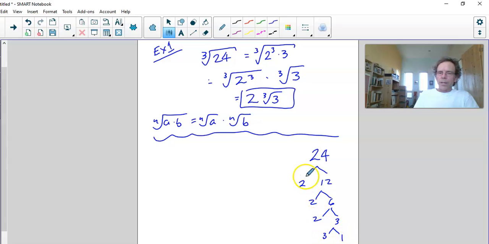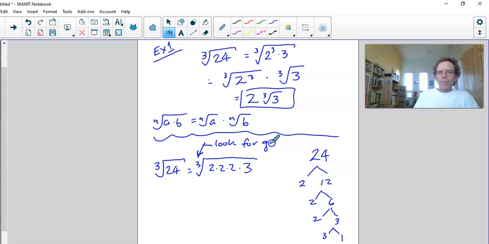Once we get to 1 on the right, the numbers on the left are the prime factorization of 24. All right, so the cube root of 24 could be written as the cube root of 2 times 2 times 2 times 3, and the index 3 tells us to look for groups of 3.